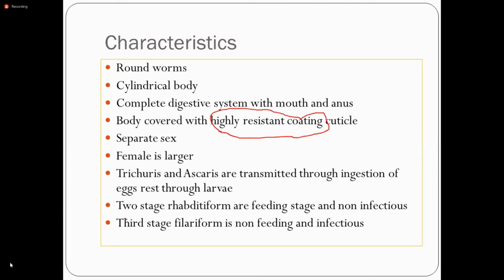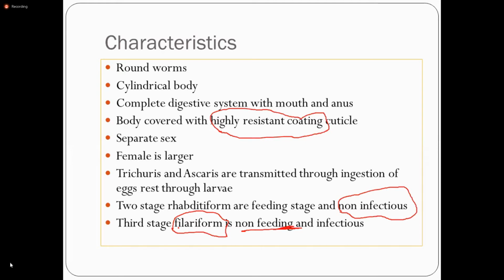Some of them have a 2-stage rhabditiform larva, also known as the feeding stage, but that stage is non-infectious. The 3rd stage, the filariform larva, is infectious and is a non-feeding stage.